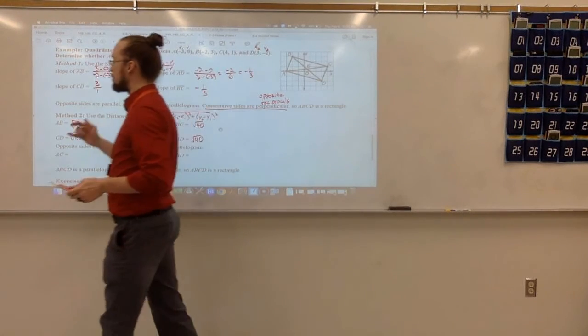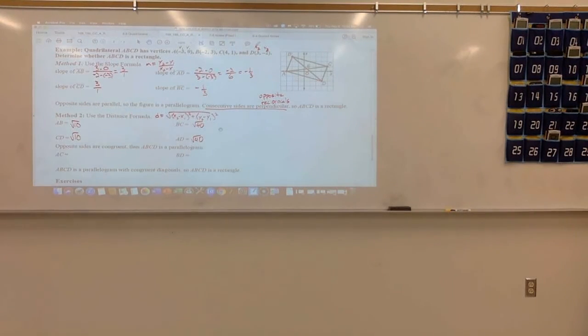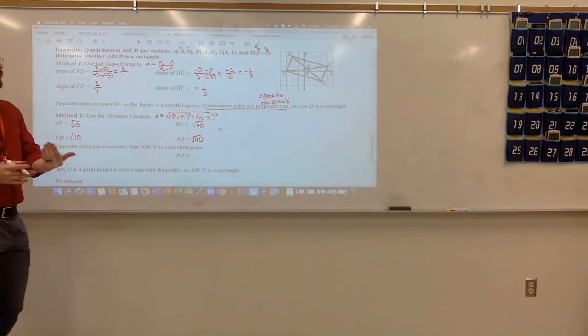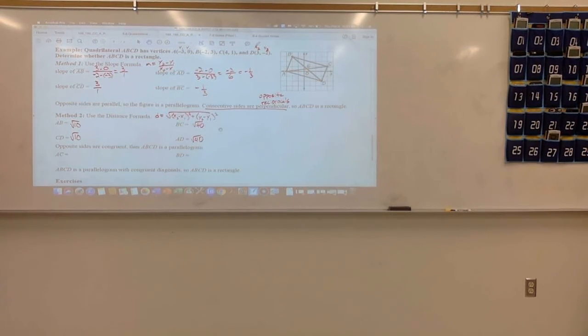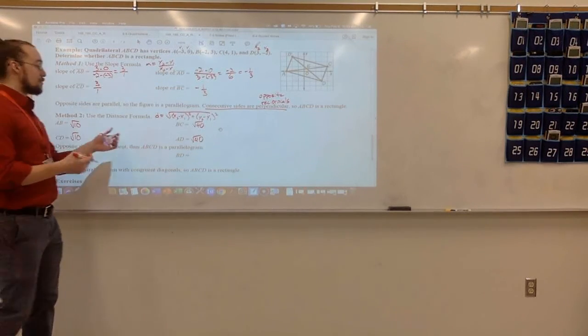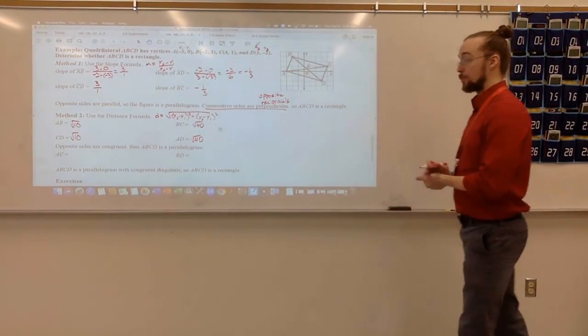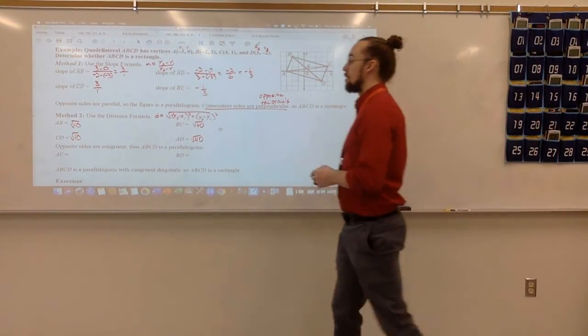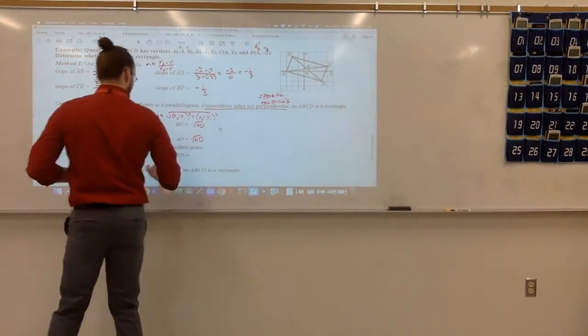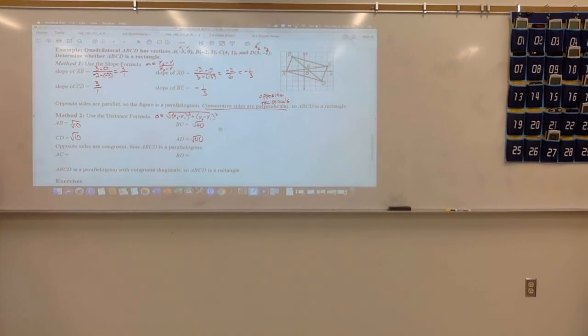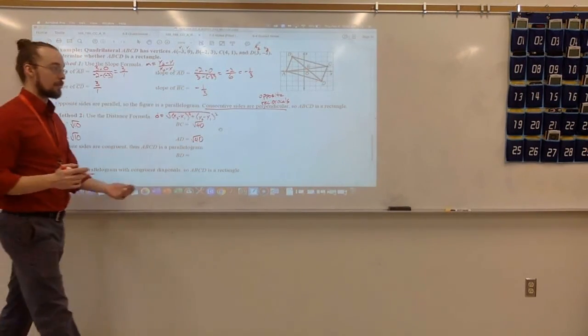We can see that opposite sides are congruent. That just proves that it's a parallelogram. To go one step further then, to show that this is a rectangle, we need to look at the lengths of the diagonals. Right? The defining property with the diagonals in a rectangle is that the diagonals are congruent. So, if I can show that AC and BD then have the same length, that makes it a rectangle.